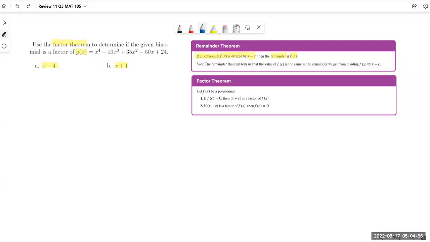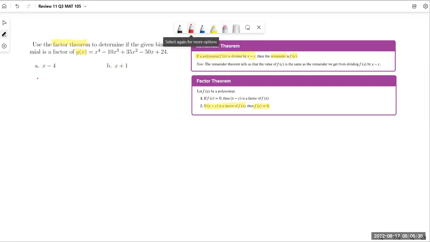By consequence, if x minus c is a factor of f of x, what does that mean? If x minus c divides f of x with a zero remainder, therefore f of c will give you 0 automatically. So if you want to figure out whether this polynomial will divide f of x or g of x, you just have to plug in the number inside of g of x and see what the result is.